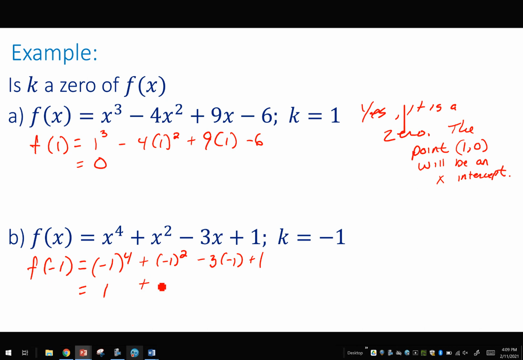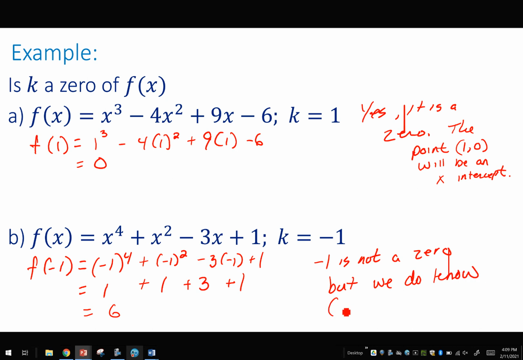So we have 1 plus 1 plus 3 plus 1. Add all that up, we get 6. So we know now that negative 1 is not a 0, with k equaling negative 1. But we do know that the point negative 1 comma 6 is on the graph of the function f of x.